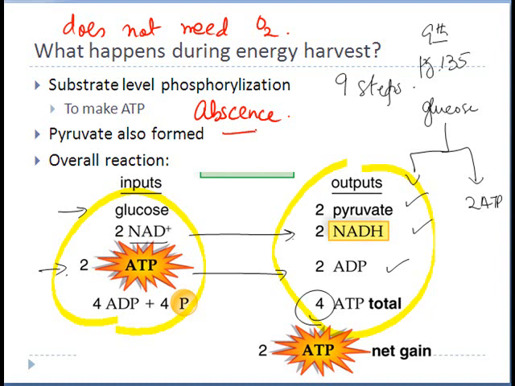If they do not have oxygen, this would be the end of the breakdown of glucose, and not enough energy is released during this process. However, if oxygen is present, then the next step, which is the Krebs cycle followed by the electron transport chain, will carry on. So we will now look at the next step in a short while.